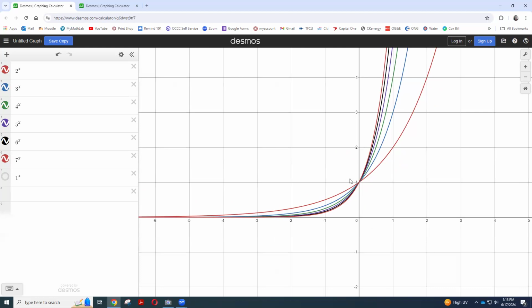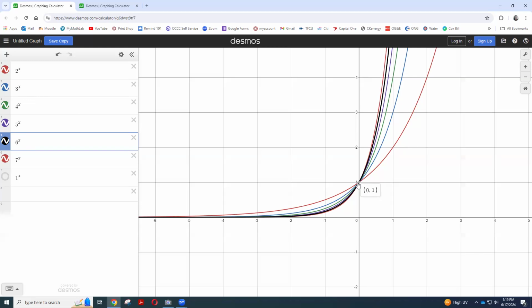First off, they all have a y-intercept right here at (0, 1). Why? Anytime I put 0 in here, that was one of our exponential rules, or I think it's called a law, anything to the 0 power is 1. So they're all crossing right here at (0, 1).